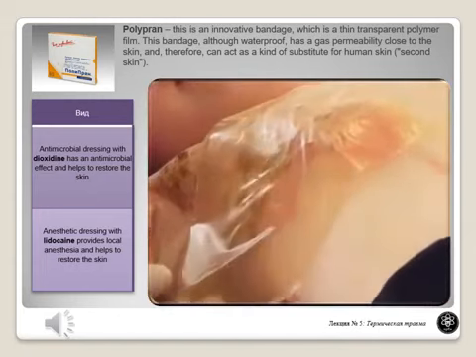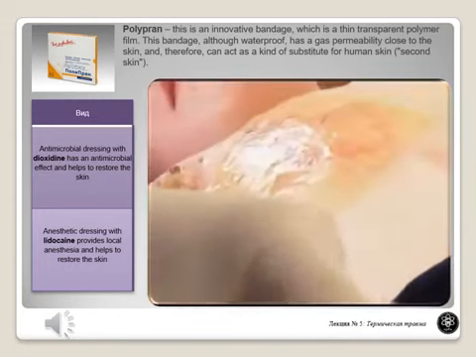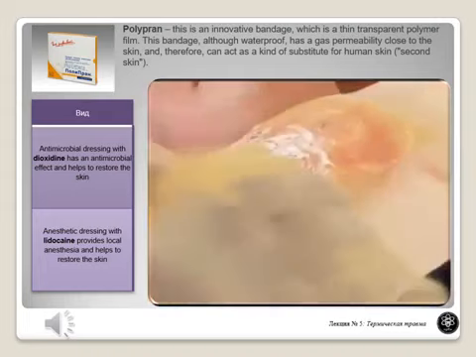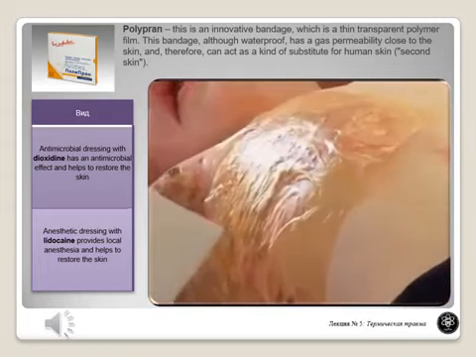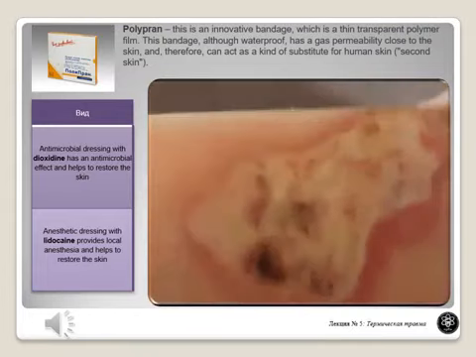Polypan also happens to be impregnated with certain medications, for example, with dioxidine, a very powerful antimicrobial agent, or with lidocaine.